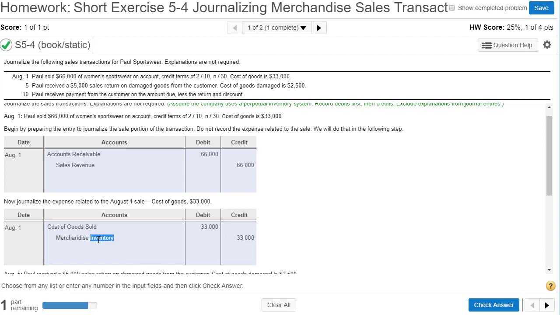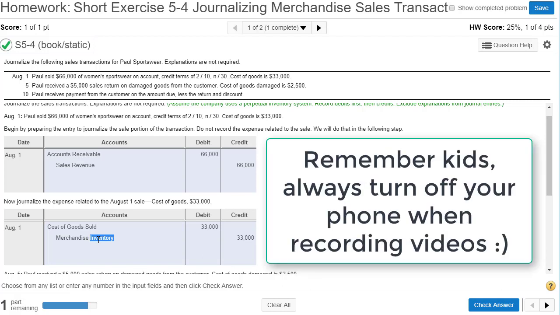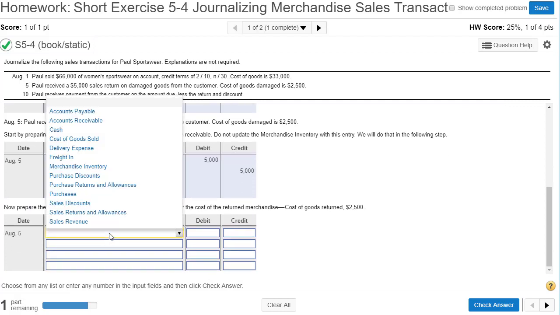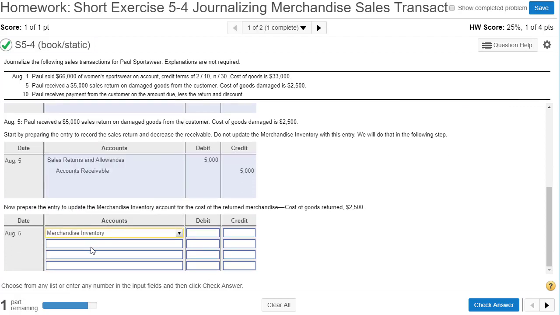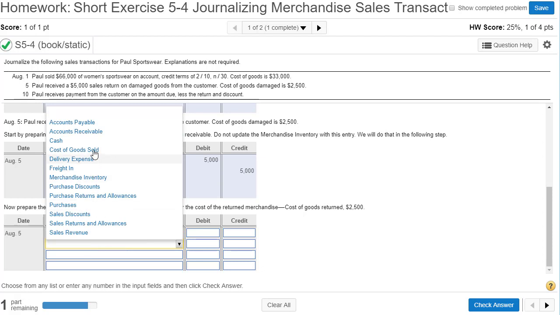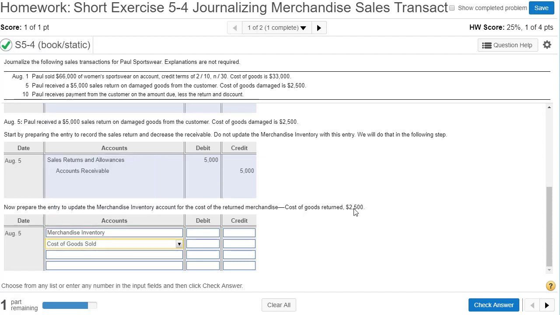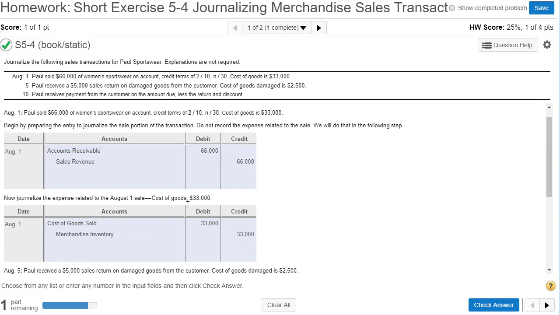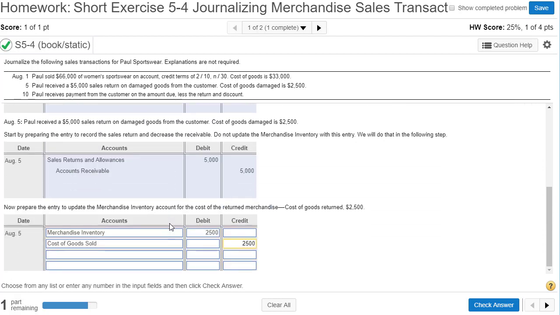Instead of inventory going down, inventory is going to go up, and cost of goods sold going down. And the amount is $2,500. So again, we're just reversing the second entry of the sale, for the amount that the items cost us.